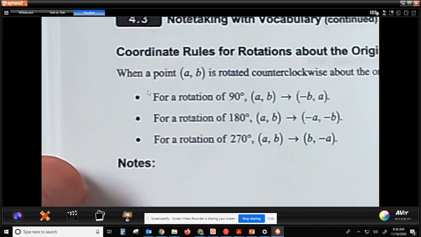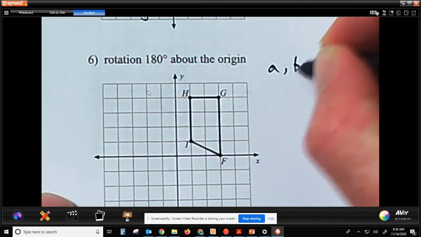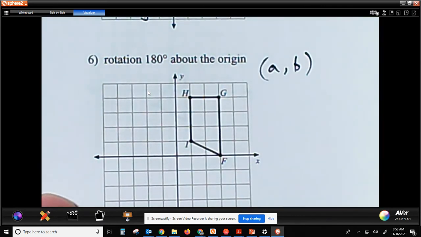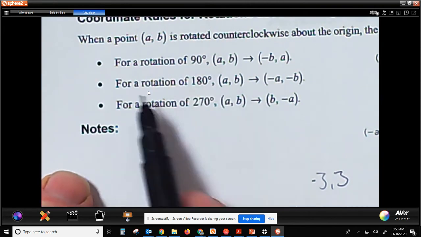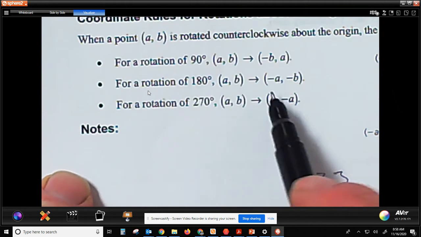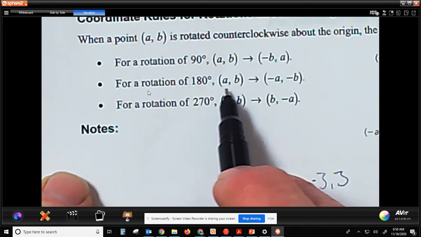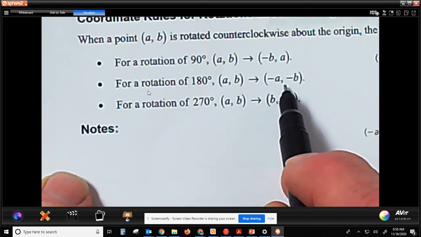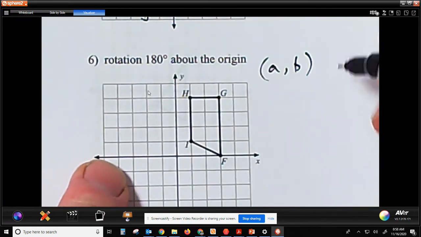So rotation goes from A comma B, 180 degrees. What did I say? Did I say the wrong one? Excuse me. 180 degrees, A comma B is negative A, negative B. Excuse me. There is no position change. It is just the sign change. Okay. Negative A comma negative B.